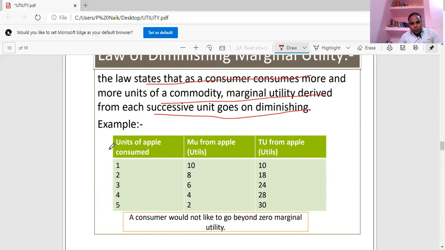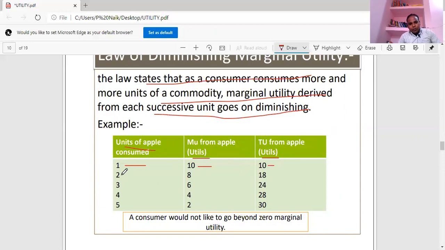An example is given here: units of Apple consumed, marginal utility from Apple in utils, and total utility from Apple in utils. If 1 unit of Apple is consumed, you are getting 10 utils of marginal utility, and total utility is also 10.